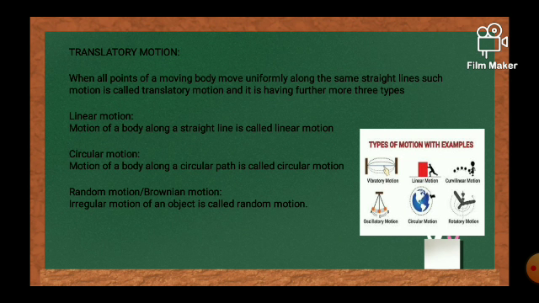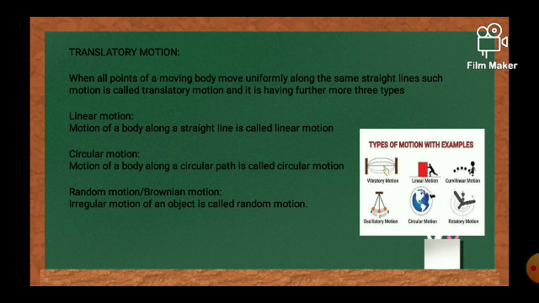That means it is moving straight, and the road does not have any zigzag direction. The road has a straight direction, and that's why it is moving in a straight direction and equally along the same straight line.